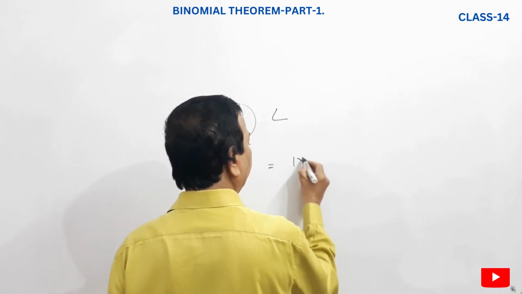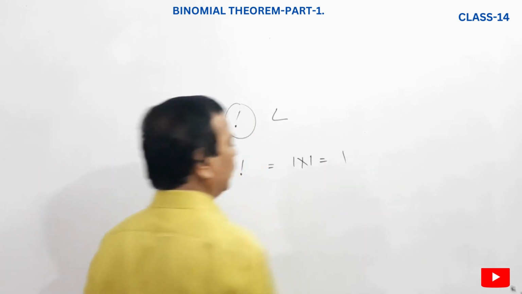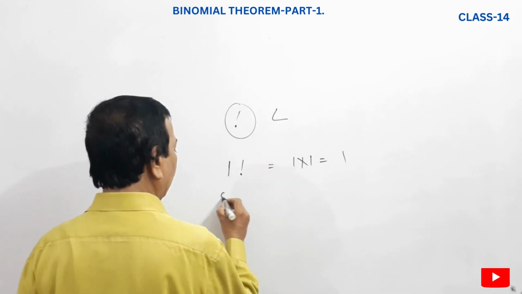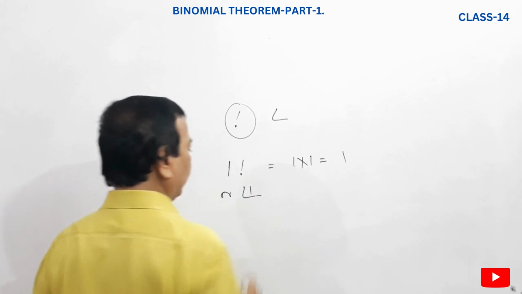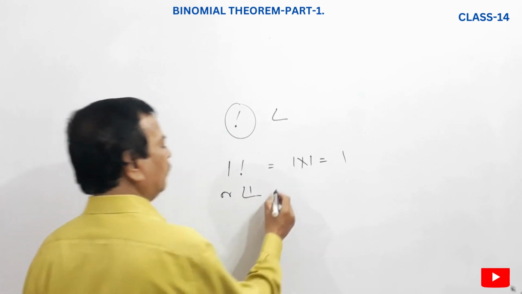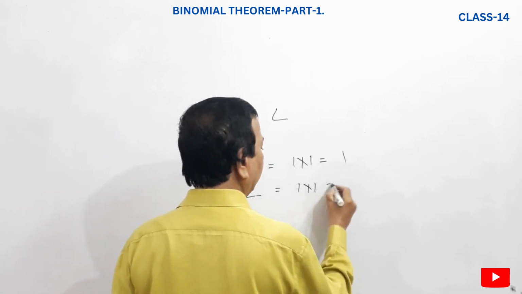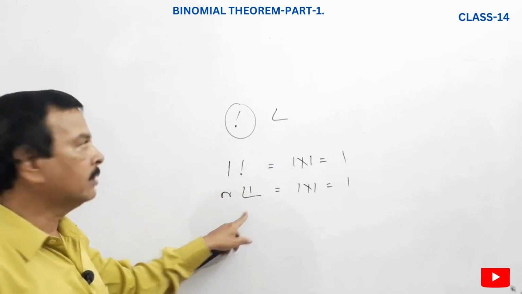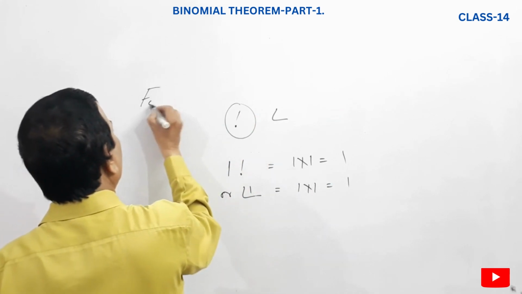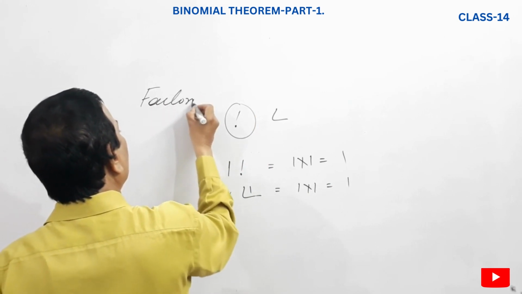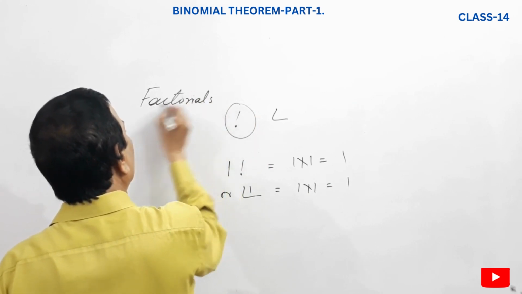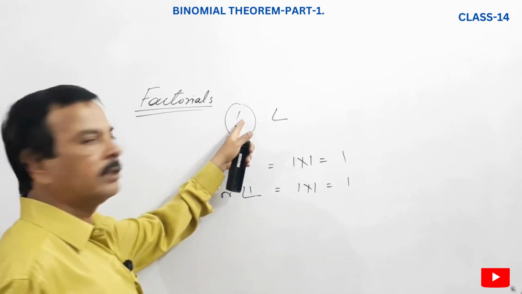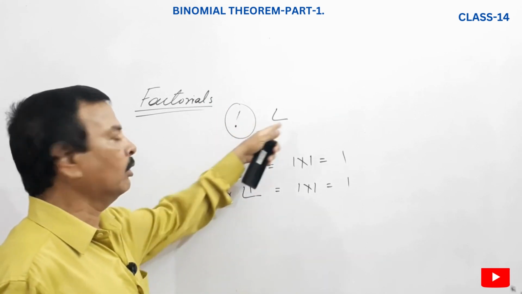That is 1 into 1, equals 1. This is 1 factorial. They are called factorials. You can use either this symbol or this notation.